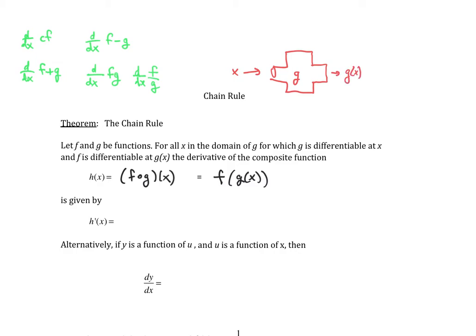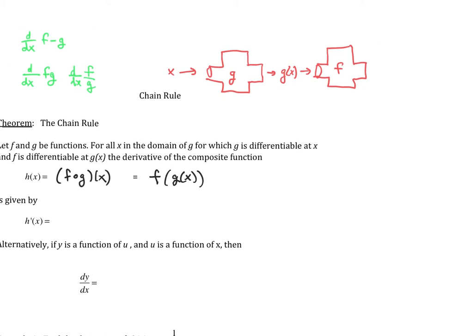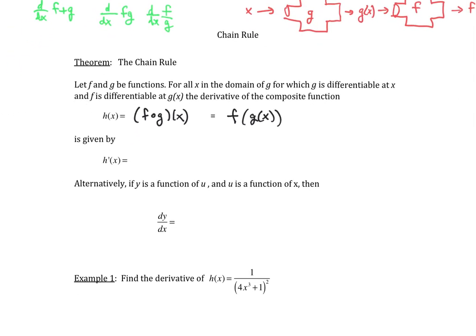Then you plug that result into a new machine called F, and the output of that is f of g of x. So this is what a composition of two functions means, and this machine diagram is probably a good way for you to think about it.